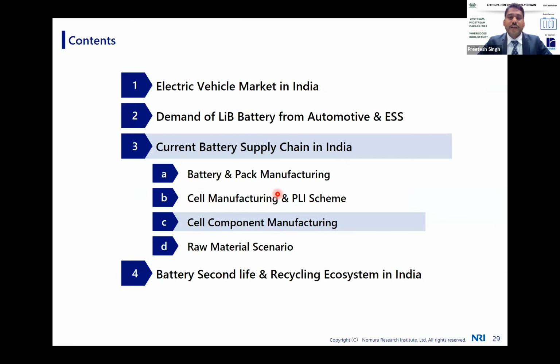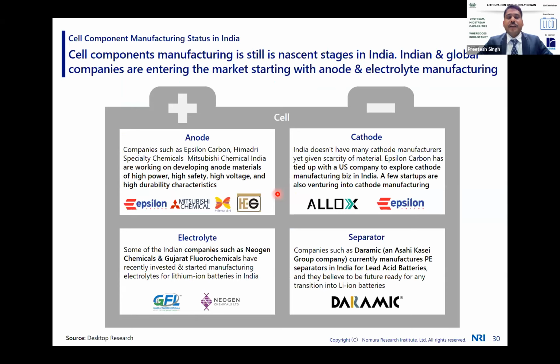Moving on, cell component manufacturing. I'll take some time and explain the need for localizing the downstream supply chain. If you break down the battery into different parts, you have assembly, you have materials, you have cell manufacturing.